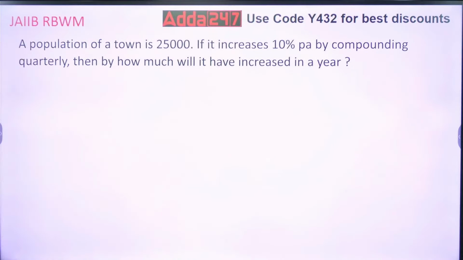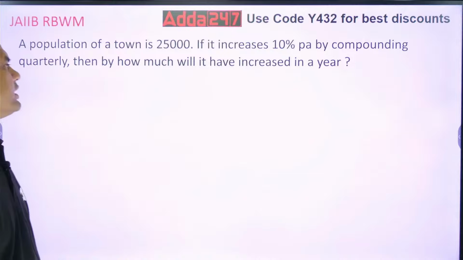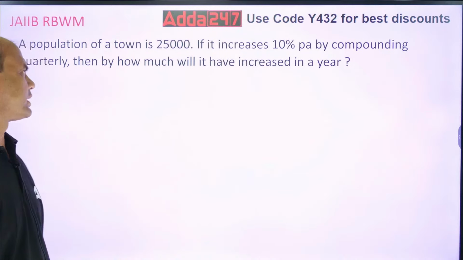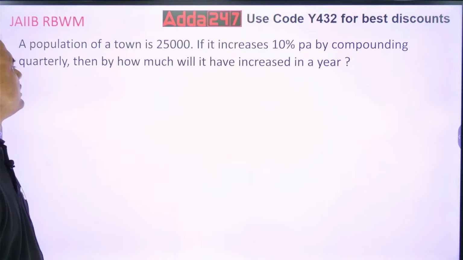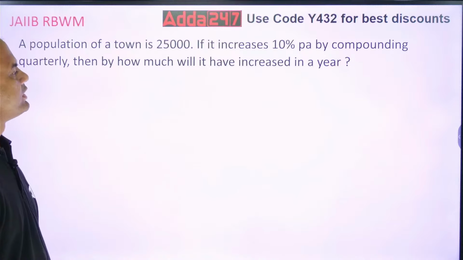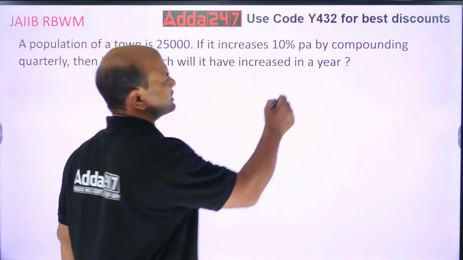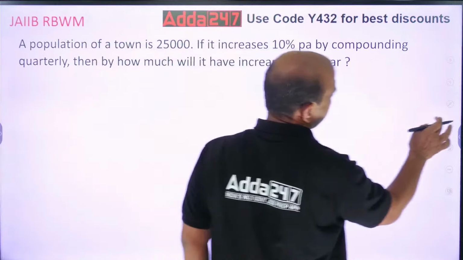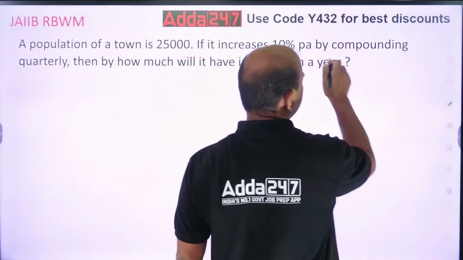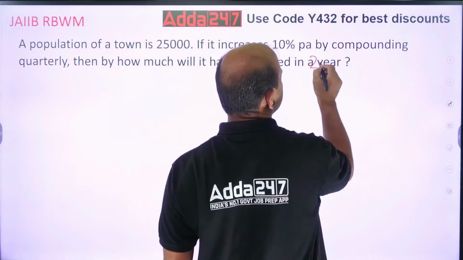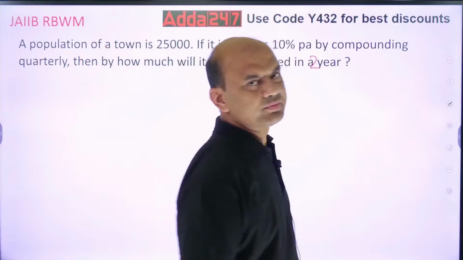A population of a town is 25,000. If it increases by compounding quarterly, then how much will it be after a year? So let's take it 2 years, because 1 year we have solved earlier.